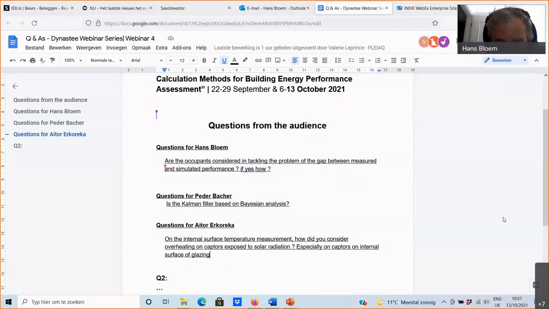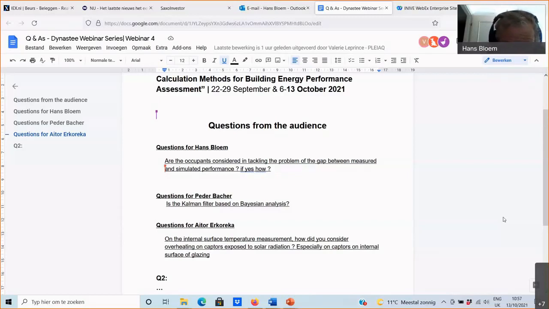Water can be heated, etc. When people take a shower, this is all energy that is used by the occupants. More problematic is when they open the window, when there is more ventilation. That has to do with the measurement part.